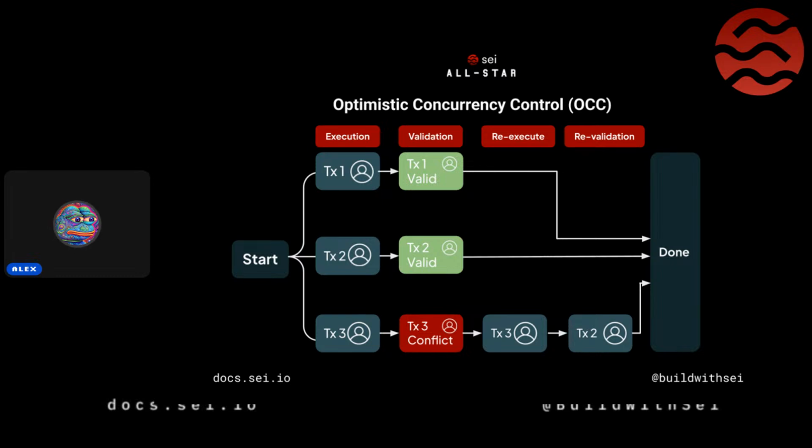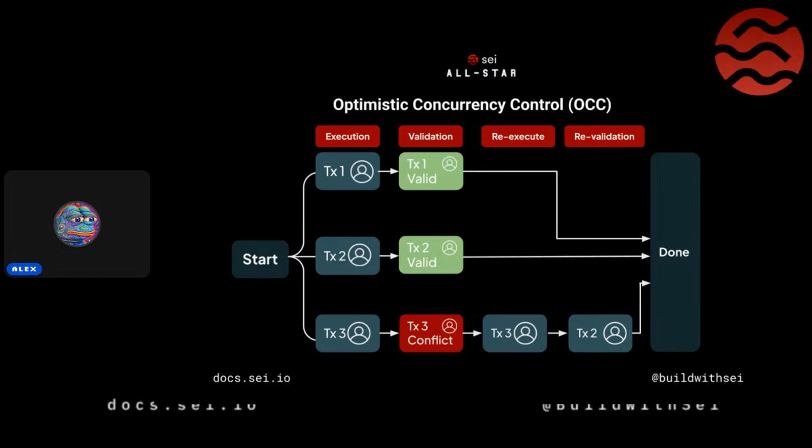It tries to execute them, and then it checks if all of these transactions in that block are actually colliding or not. Meaning, after execution, did they touch the same state, the same nodes, the same accounts, the same balances? In case that happens, if there's a conflict, for example TX3 has a conflict because it touches the same state as transaction 2, it re-executes transaction 3 after it executed transaction 2.